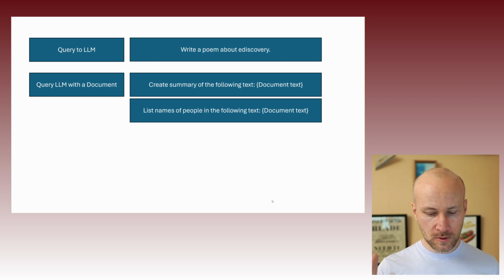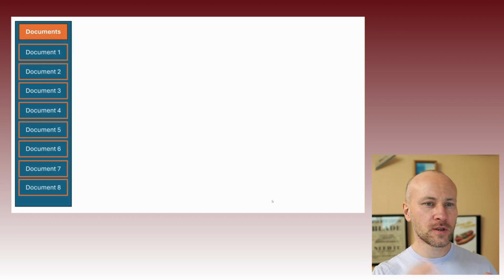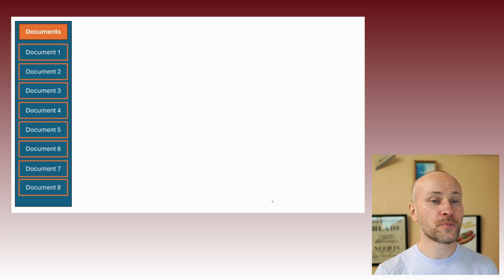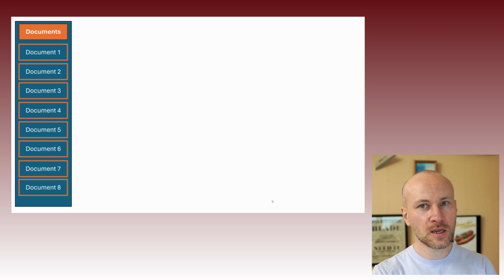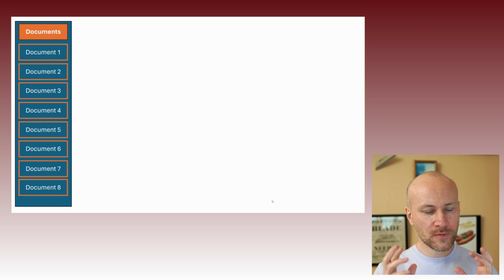With that in mind, let's talk about RAG. The first thing we need is documents. I have a list of documents here, documents 1, 2, 3, 4, 5. These are the documents in our workspace, files in a folder, it doesn't matter where. We want to use RAG technology on these documents. How do we do that? Firstly, we can't just take documents as they are.